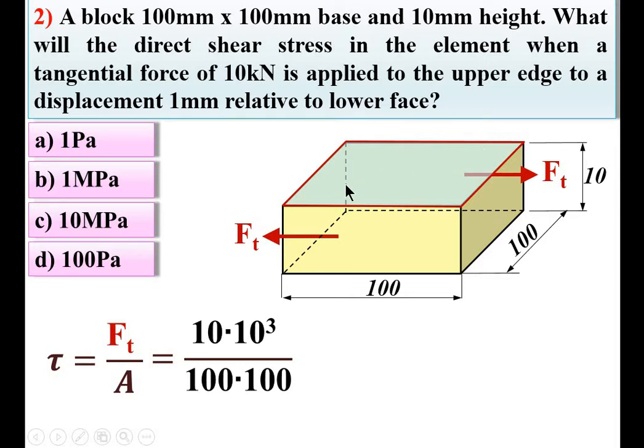The area of this plane is 100 mm by 100 mm, so 100 into 100. If you simplify, you will get 1 Newton per mm square, because I have put the area in mm square. Now you know that 1 Newton per mm square is equal to 1 megapascal. So B is the right answer.